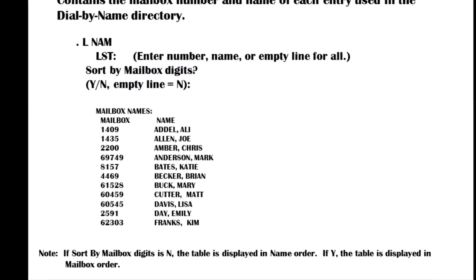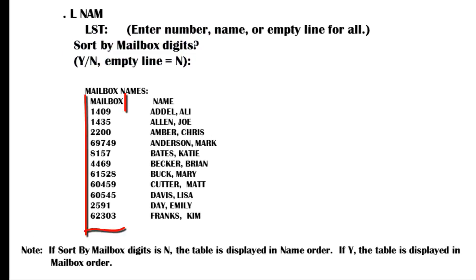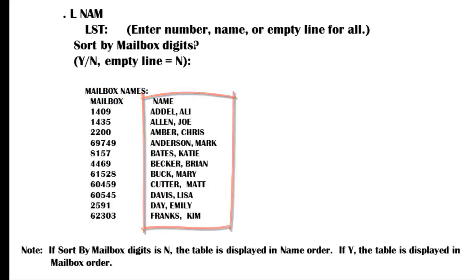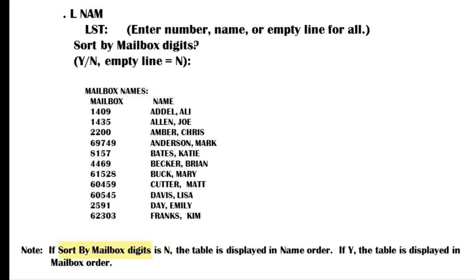As we can see in this example, we see the mailbox number followed by the ASCII name. Note, if the sort by mailbox digit is no, the table will be displayed in the name order. If yes, the table is displayed in the mailbox digit order.